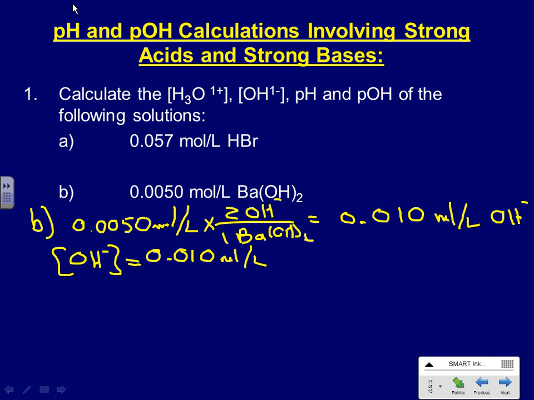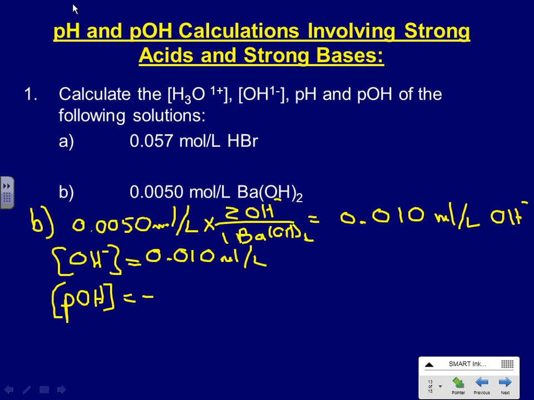You don't have to show me that step if it's obvious. Now we can go straight to pOH. I really don't even need to see it written down unless you make a mistake. If you make a mistake on a test, I don't have anything to give you.